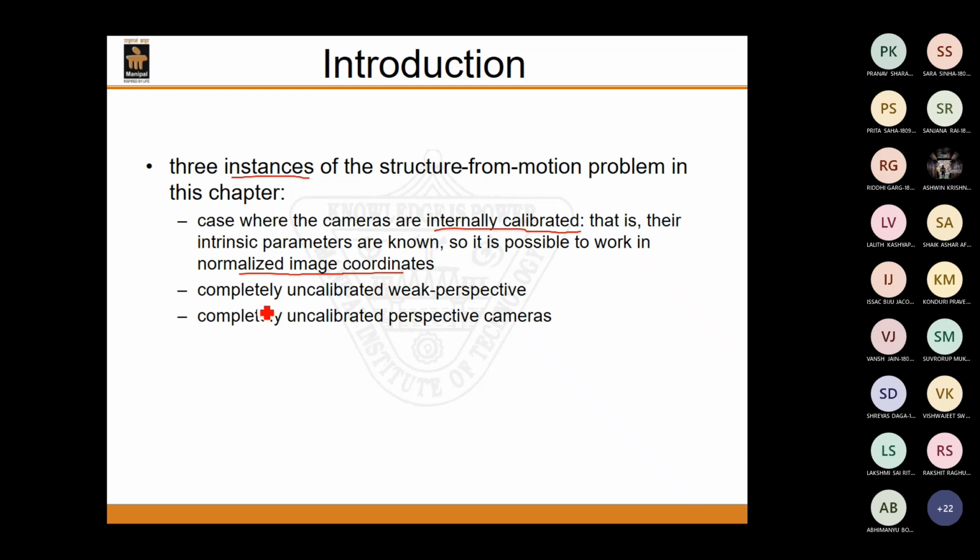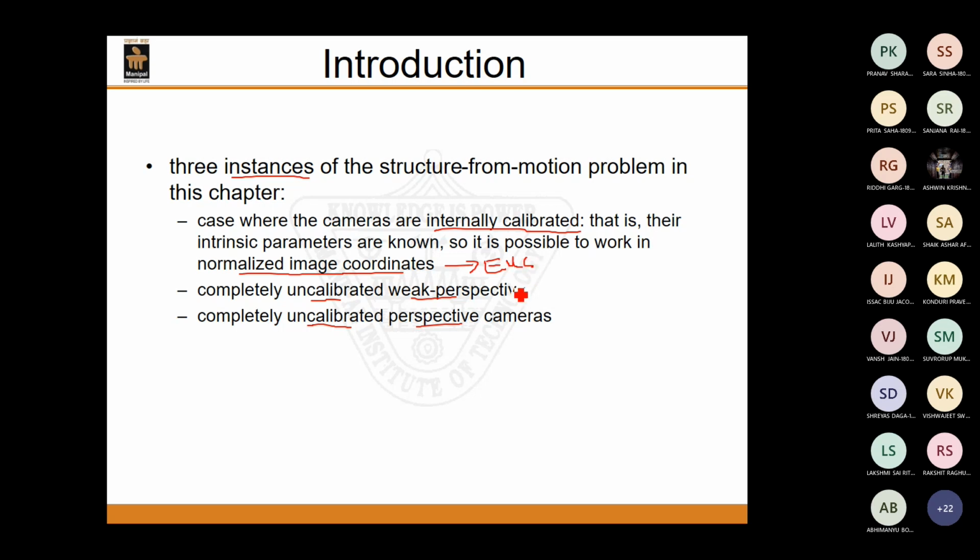Another case is when it is uncalibrated but a weak perspective, and the third case is uncalibrated but a perspective, in the sense it is a strong perspective camera. Okay, so in the first case, where the internal calibrations are known to us and you're working with normalized image coordinates, the kind of reconstruction that you get is the Euclidean reconstruction.